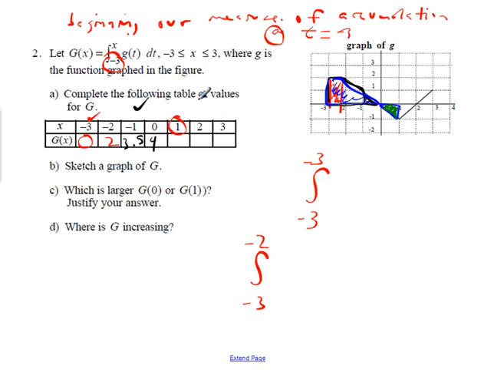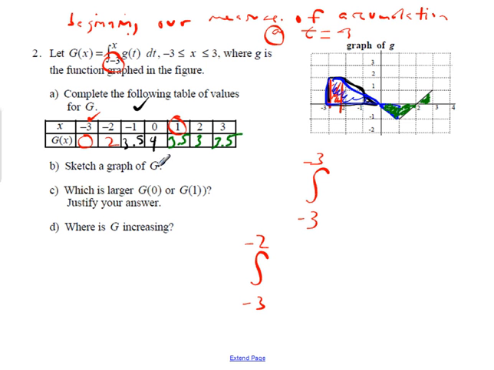So just because it's called accumulation doesn't mean it always grows. It could also shrink. So now we're back at 3.5. And then from when x equals 2, we're taking away more. So now we're at 3. And when x equals 3, now we're starting to add area again. So we're back at 3.5.